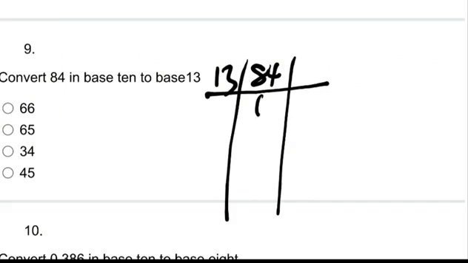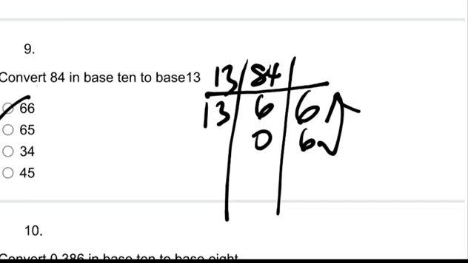That gives us 6. 6 multiplied by 13 gives us 78. Then subtract it from 84, you have 6 left here, right? Then we have 13 again, and that is 0, and that was 6. So which means the answer is 66, which is this one.